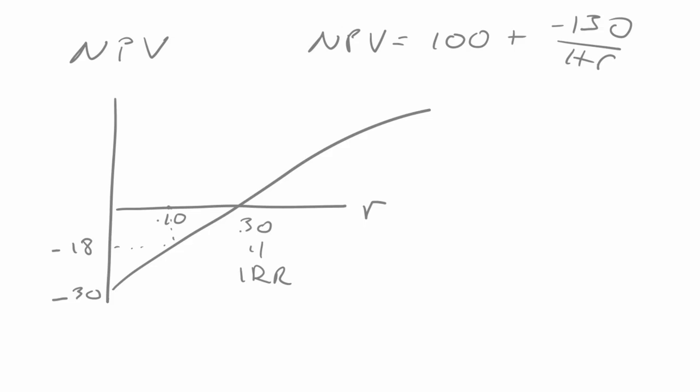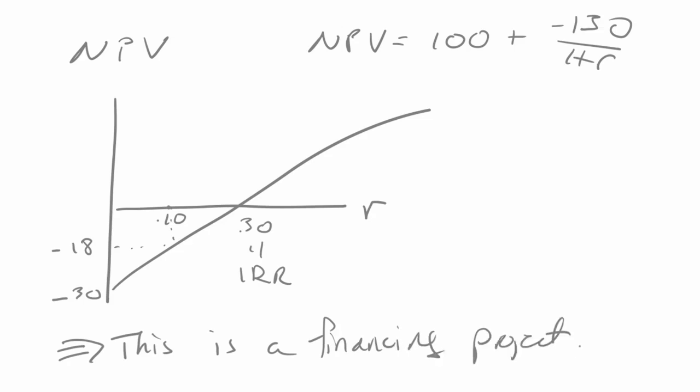Intuitively, what's going on? So notice in this project, you start by getting an inflow of $100, and then you pay $130. This is a financing project, not an investing project. In this project, you are in effect borrowing $100 at an interest rate of 30%.